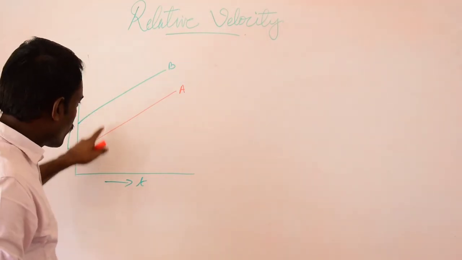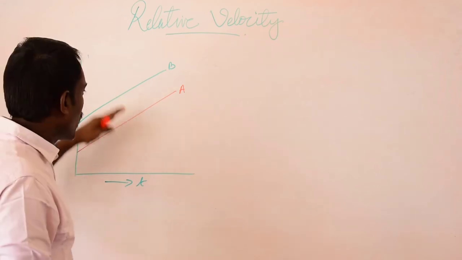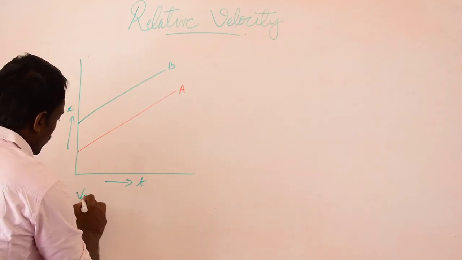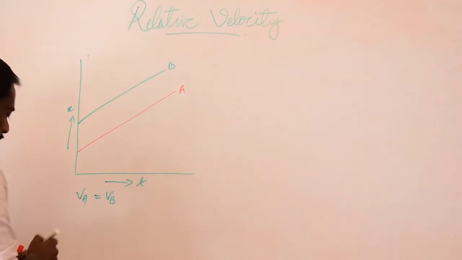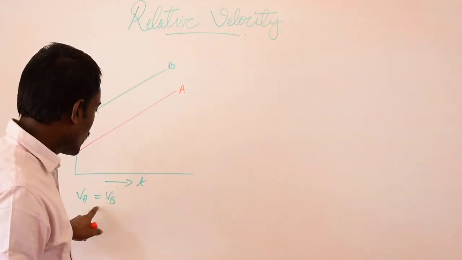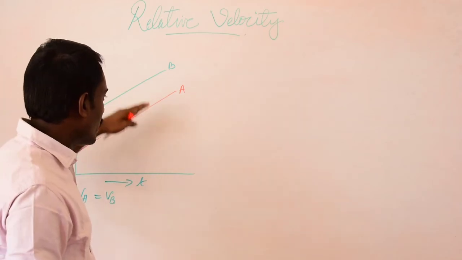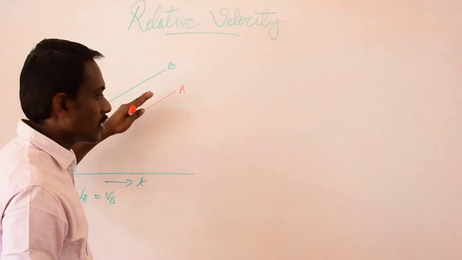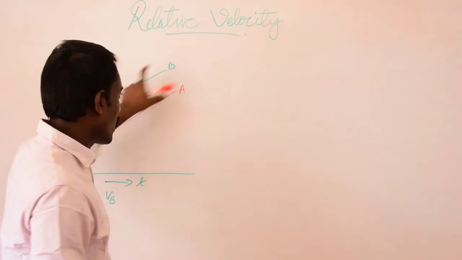These two graphs are parallel with each other. That means the velocity of vehicle A is equal to the velocity of vehicle B, vA equal to vB. When the velocities are equal, the two vehicles are equally away from each other at every unit time, so the graphs are parallel.